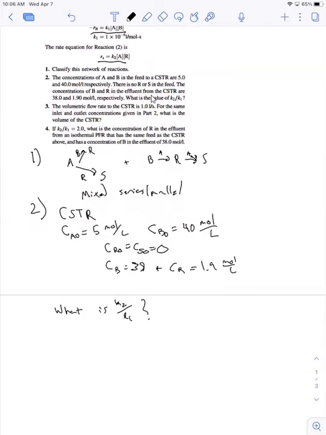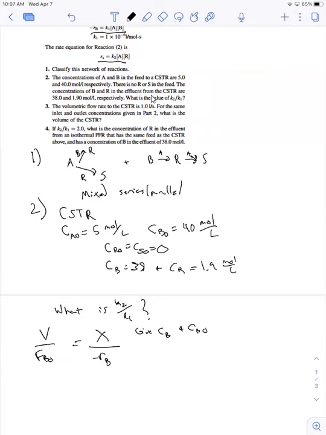For B, the design equation for a CSTR is just going to be volume over FB naught equals X over the disappearance of B. Since we are given CB and CB naught, it's going to be easy.